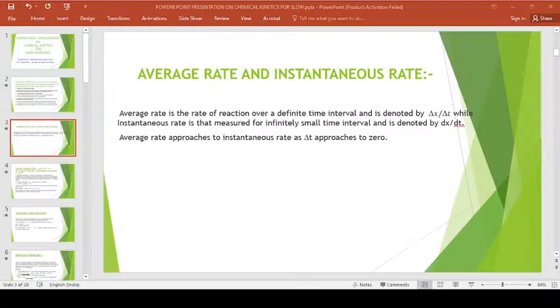While determining the rate of this decomposition of ammonia into nitrogen and hydrogen, it is found experimentally that the rate is independent of the amount of ammonia. So it doesn't depend on ammonia. Whether you take more or less, it doesn't affect the rate.